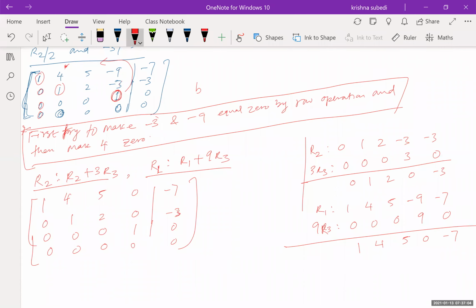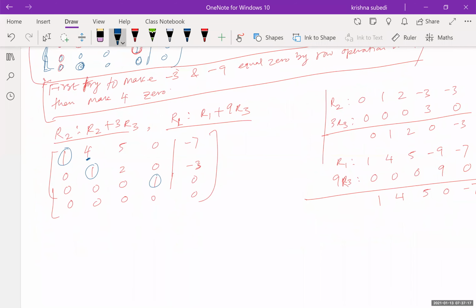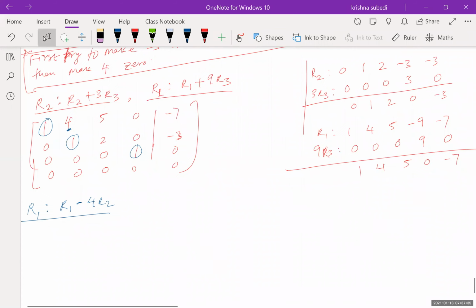Okay. Now your job is to make this 4 zero. In order for this, remember, this is your pivot. So use that pivot in order to make that 4 zero. So what you may want to try to do is in R1, R1 minus 4R2. Okay, let's do it.